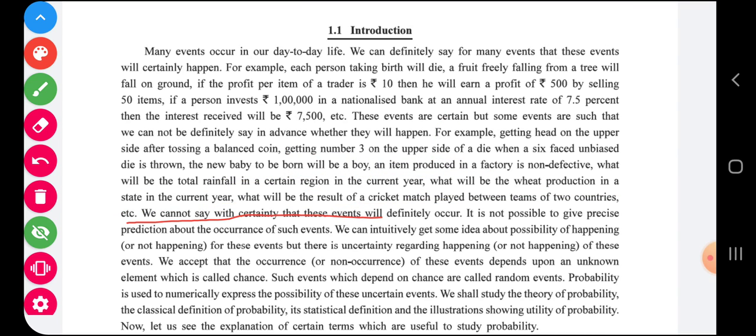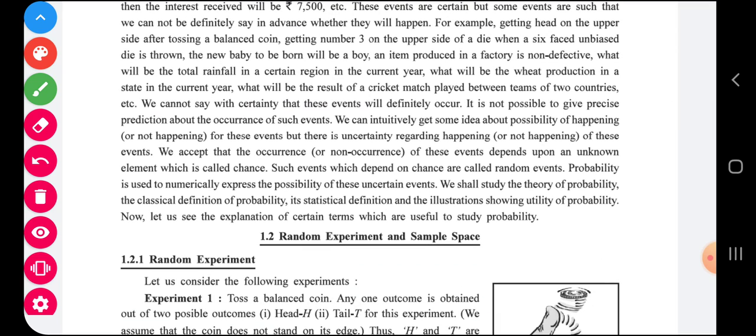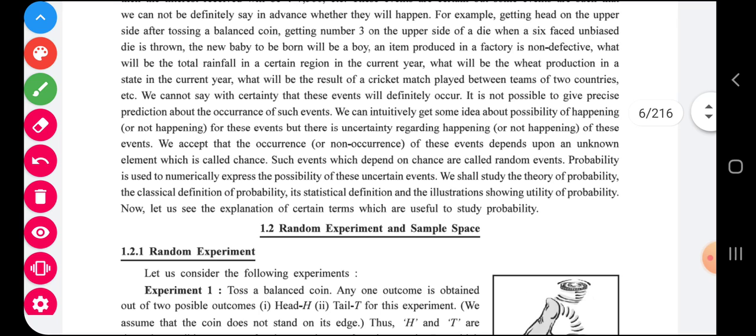We cannot say with certainty that this event will definitely occur, because these events depend on an unknown element which is called chance. So all these events where there is doubt whether they will happen or not are called uncertain events, and are events which depend on chance.